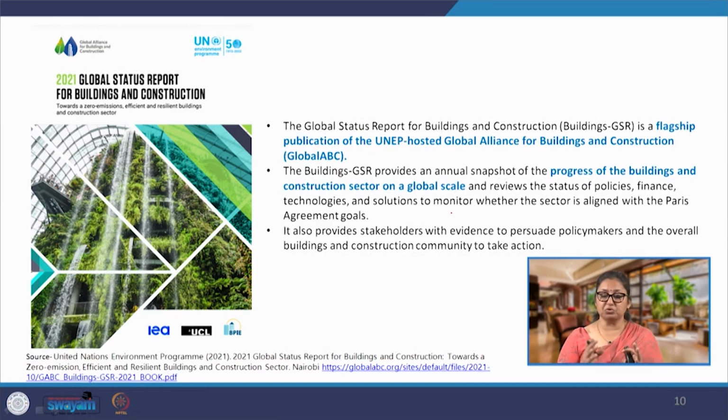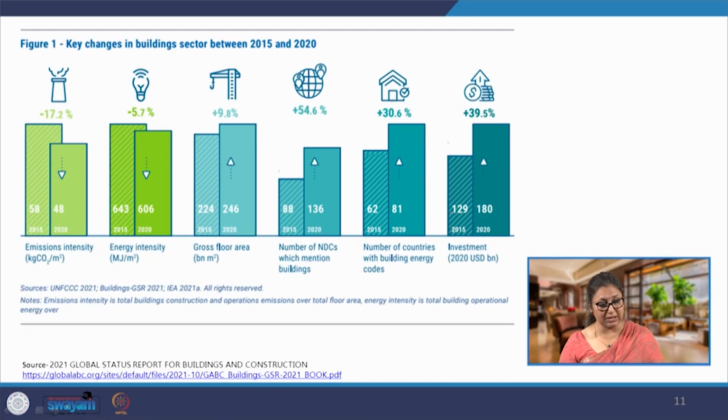They continue to monitor the progress of the buildings and construction sector on a global scale. They look at different specific regions, the materials, the technologies, and how the buildings and construction sector is transforming, and they report it annually. So, there is an annual reporting of the observations on building and construction.